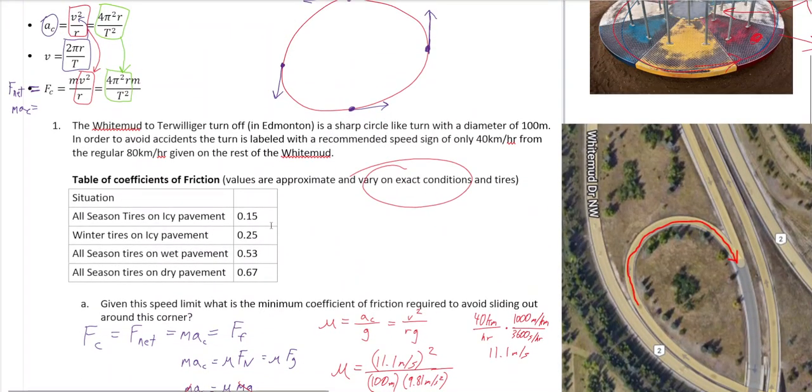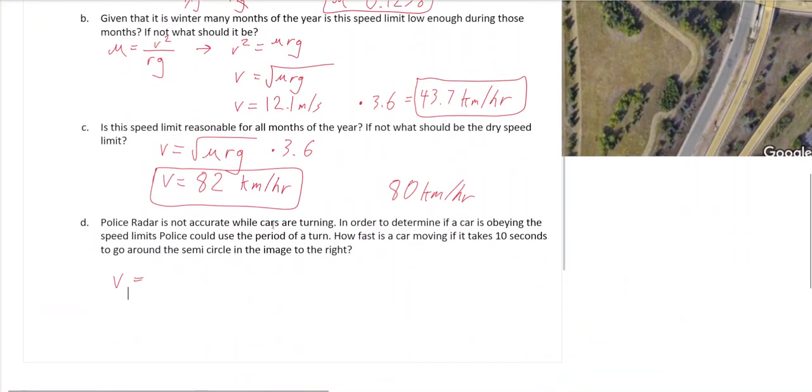Now our formula is 2 pi r over t. But the problem is it's a semicircle, so it's half of a circle, right? Which means that you're not going to use a full circle.